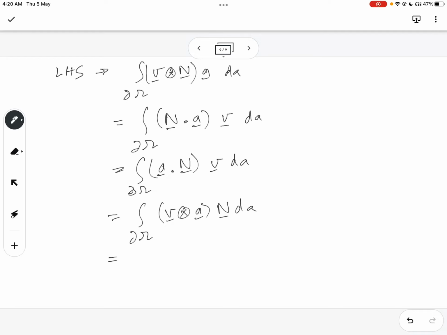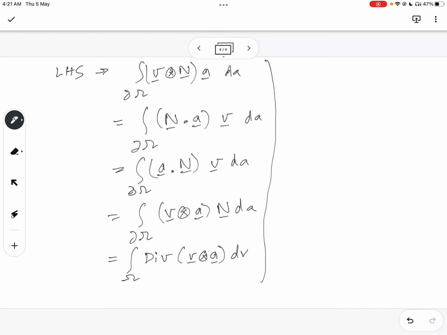So using the divergence theorem, this is the divergence of v diadic a, which now becomes a volume integral on omega.